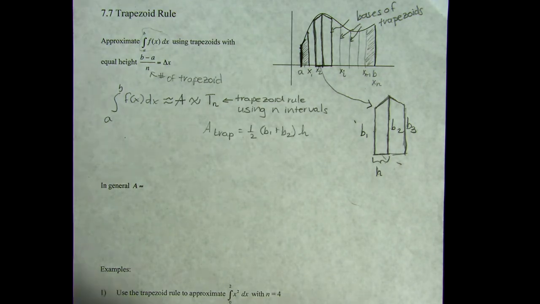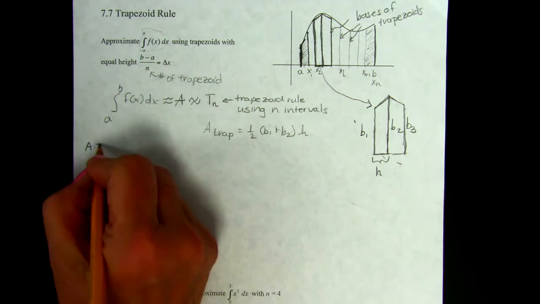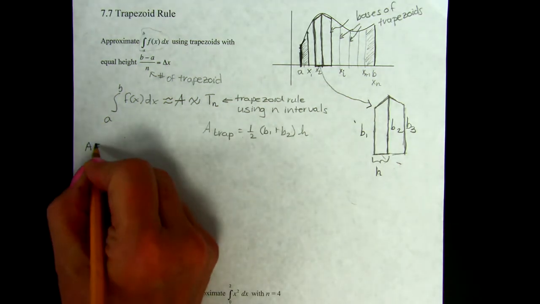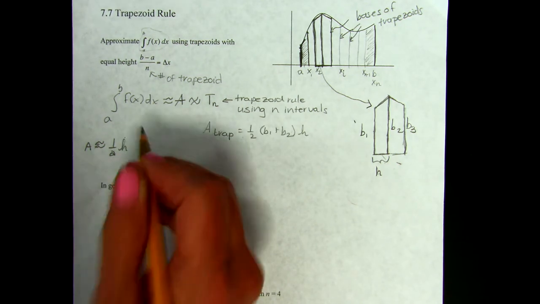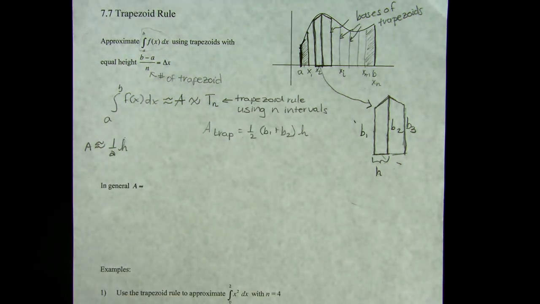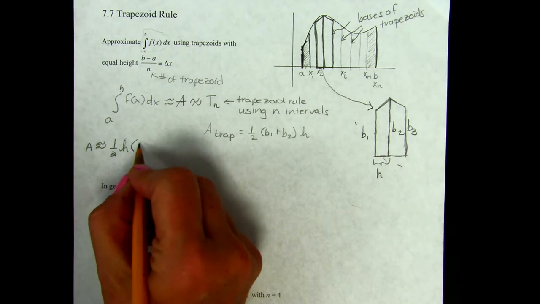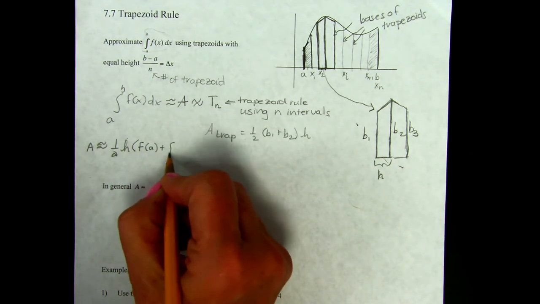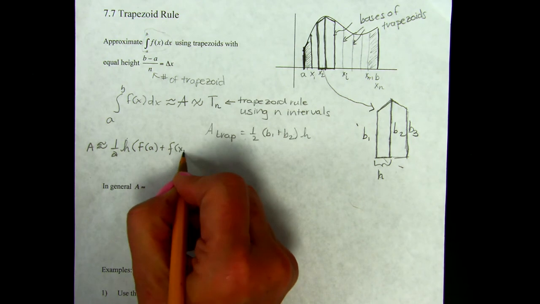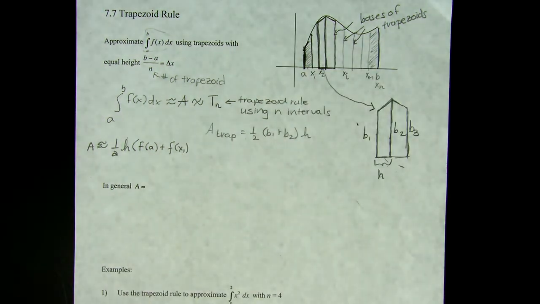Okay, so if I'm going to find this area, I'm going to estimate it to be 1/2 the area of that first trapezoid. So 1/2 h times f of a plus f of x sub 1. That's this trapezoid right here.